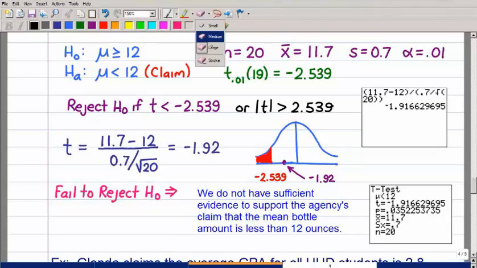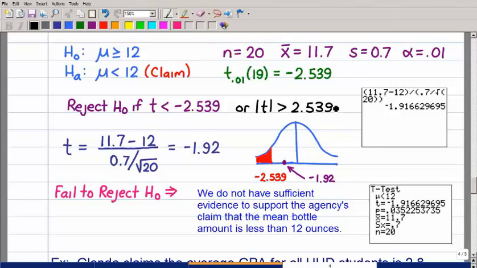So look, my test statistic is going to be X bar 11.7 minus 12 divided by 0.7 over the square root of 20, which is negative 1.92. So I have negative 1.92 drawn in there in a graph, if that helps. And it's clearly in the fail to reject zone.